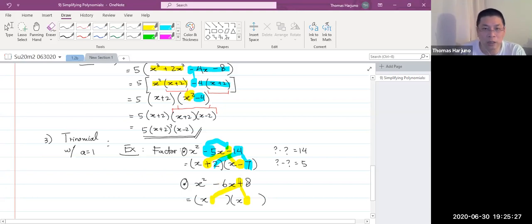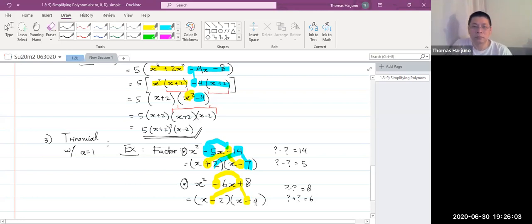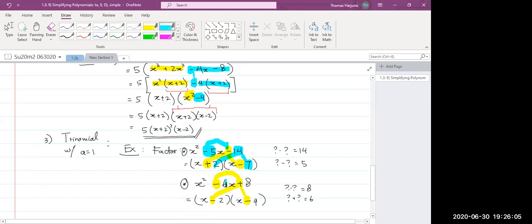To decide, I look at this one. Because the middle term is negative, it must be negative and negative. Now, what times what equals 8, but the sum, because we need the sum here, is 6. That is 2 and 4.